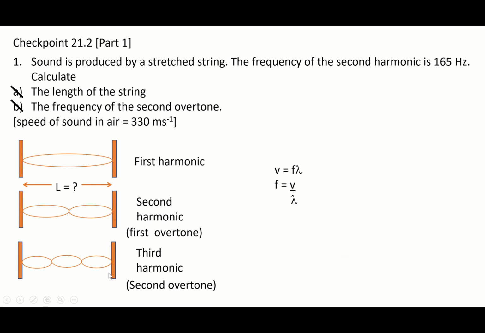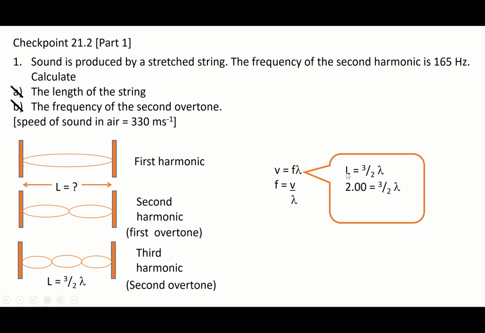From the loops formed here, with v equals f lambda, f equals v per lambda. Here we have 4 antinodes and 3 nodes, so the shape of the wave is 1.5 lambda. So 1.5 lambda equals 3 per 2 lambda, and this equals the length of the string.